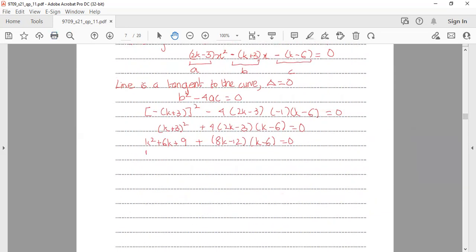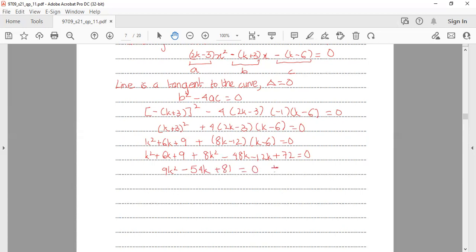Let's expand now. k squared plus 6k plus 9 plus 8k squared minus 48k minus 12k plus 72 is equal to 0. So 9k squared minus 54k plus 81 is equal to 0.